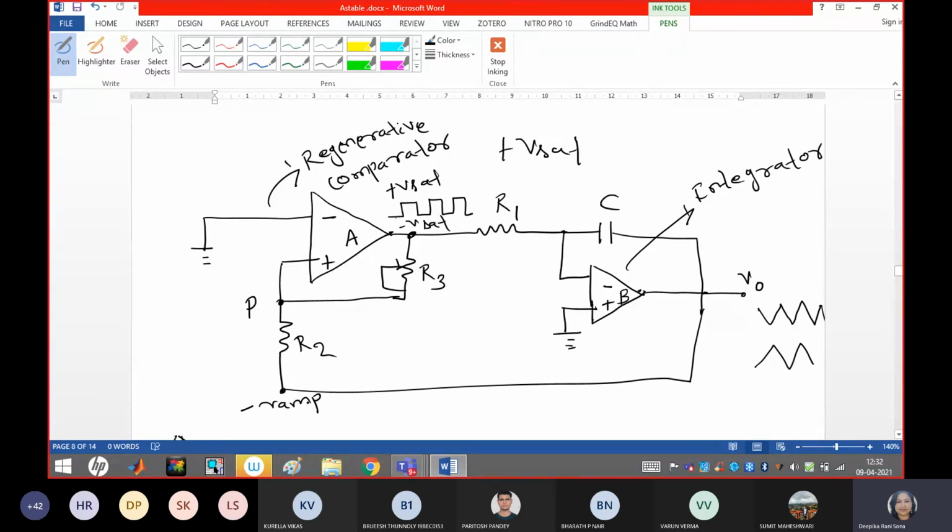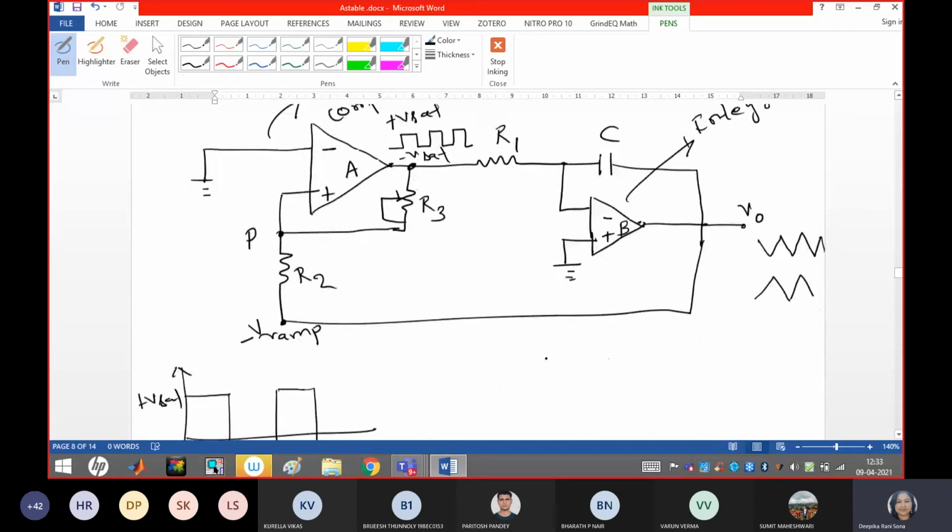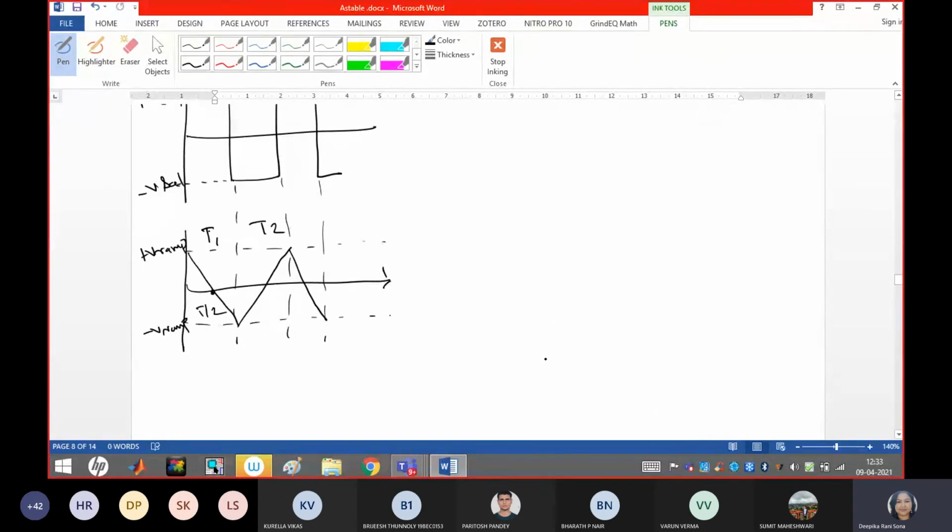The voltage at this R2 is minus V ramp. Okay, because of plus V set I am getting minus V ramp. So in the figure also you can see that when it is plus V set it is approaching minus V ramp, meaning below R2 I am getting a minus V ramp voltage. So I am going to write that equation here. Guys, you may write down this one.